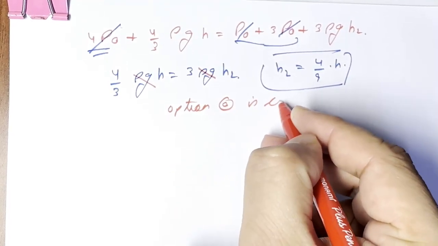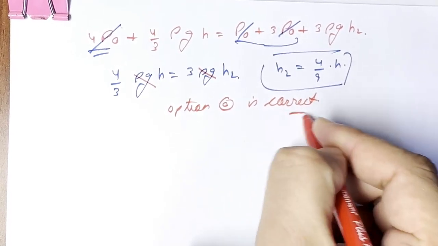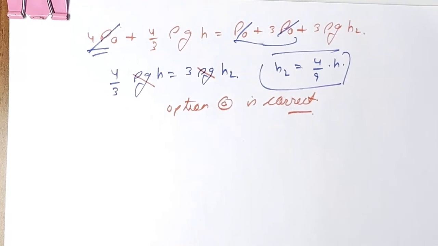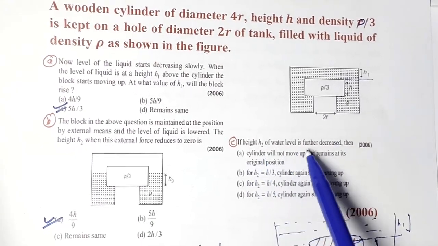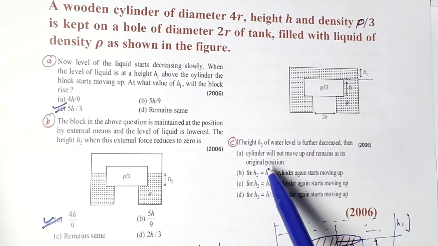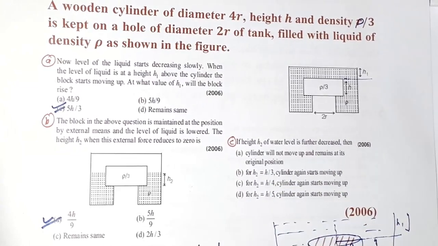Option A is correct. Now we come to the last part, and here it asks that if the height H2 of the water level is further decreased, then we have these four options.